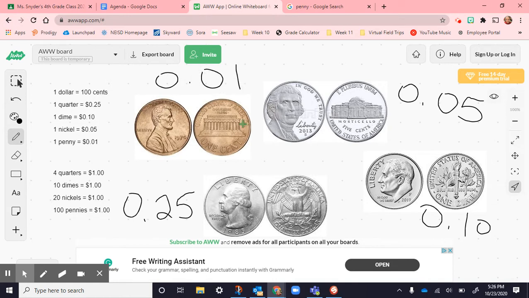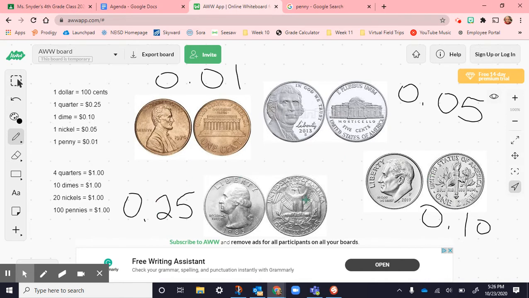So if you notice, each of these placements, the 1 is in the hundredths place, the 5 is in the hundredths place. Here we've talked about how dimes represent our tenths. So here we know that 10 pennies is the same as 1 dime. So when you regroup that 10 hundredths over, that's why you have that 1 placed in the tenths place here.